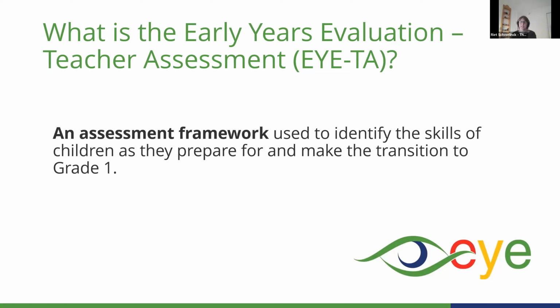The EYE TA does not follow a particular curriculum, rather it provides an overview of children's development in kindergarten. It's designed to provide a holistic picture of a child's development, and it assesses 5 different domains, as you might know: awareness of self and environment, social skills and approaches to learning, language and communication, cognitive skills, and physical development.